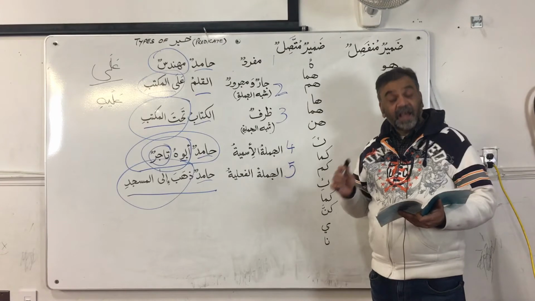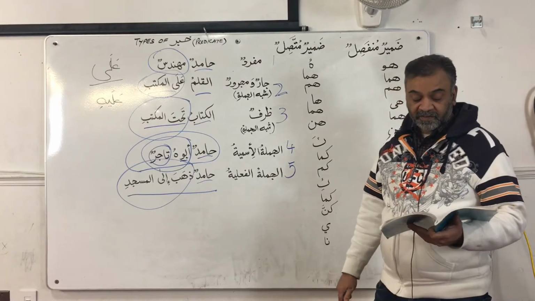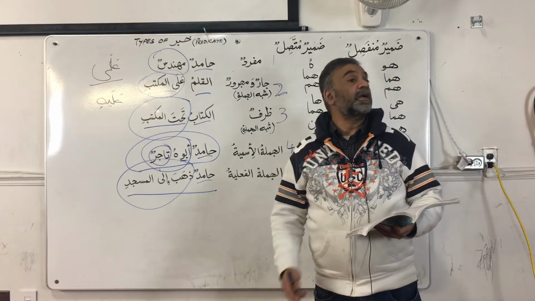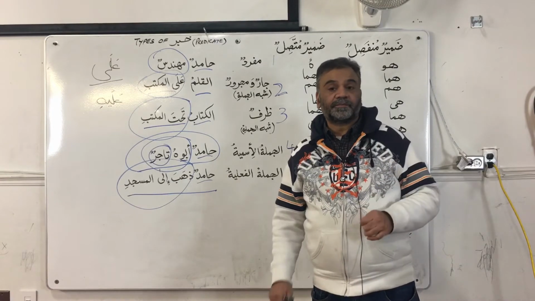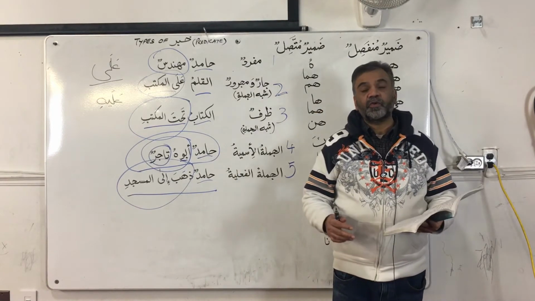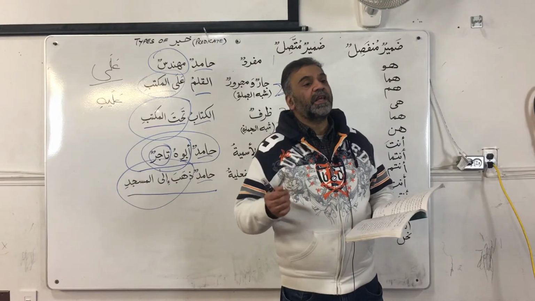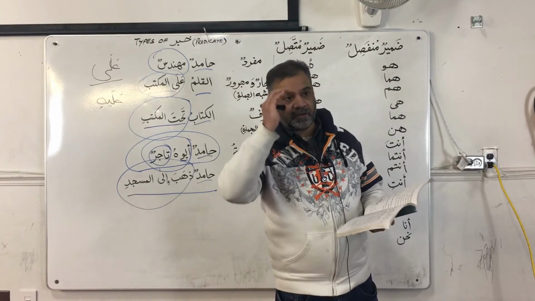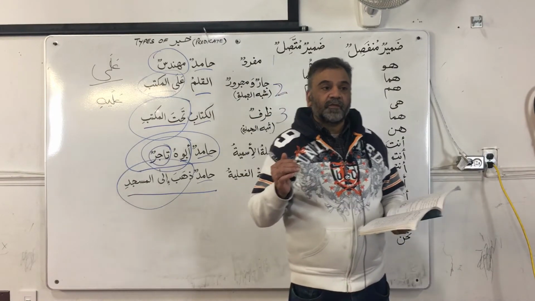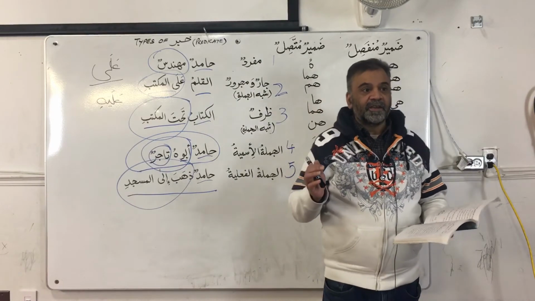Then you say aina Zainabu, where is Zainab? Now here is the question, you can say Zainabu fil Iraqi, for example, she is in Iraq. Okay, let's become global now.